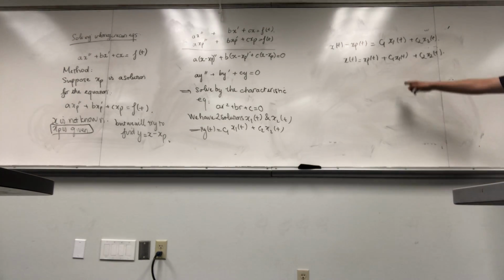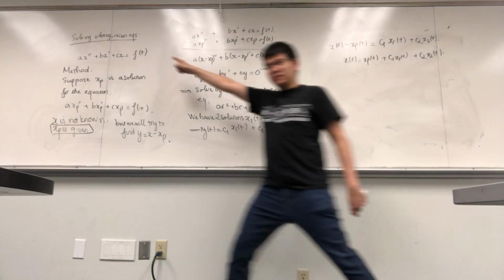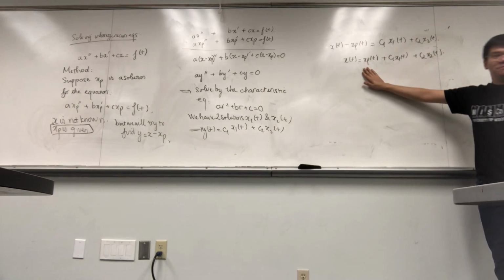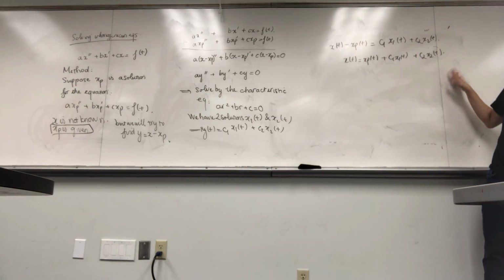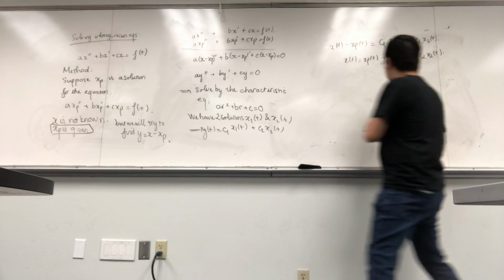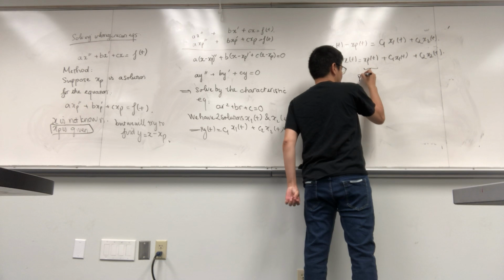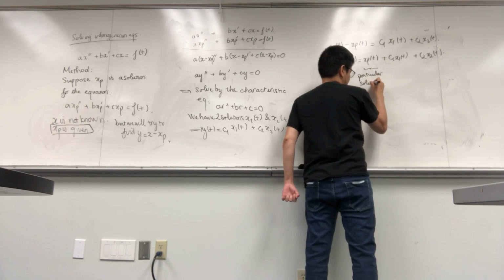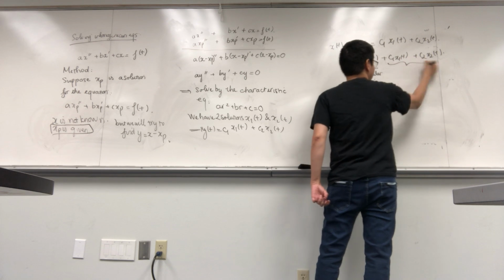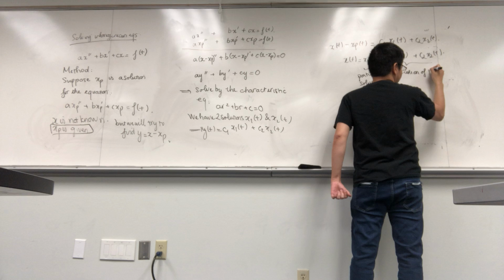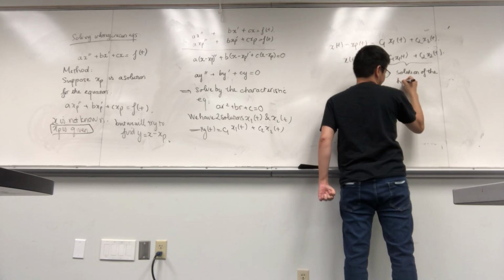Now, the solution of the inhomogeneous equation will be the sum of the particular solution and the solution of the homogeneous equation, right? So this is the particular solution, and this is the solution of the homogeneous equation.